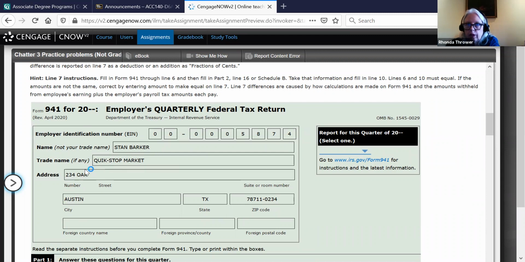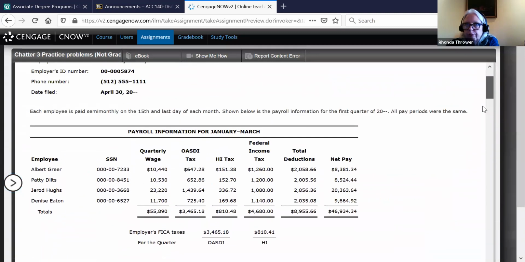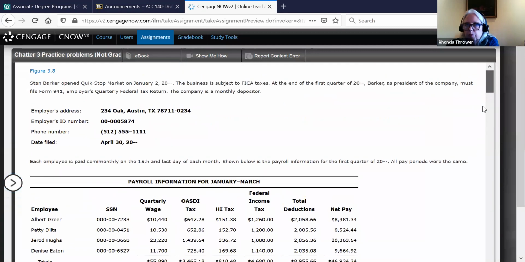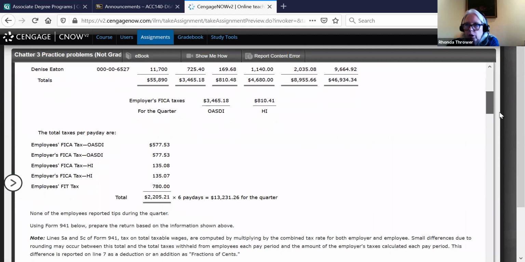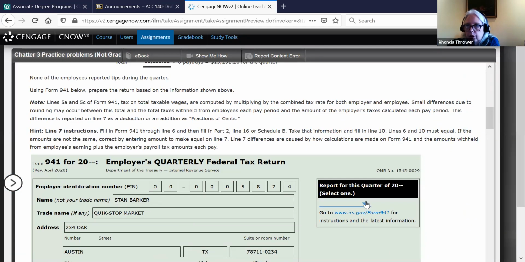Stan Barker is the name of the person responsible for paying these taxes. The name of the company is Quick Stop Market. This is the address. All that was given. We have to fill in the quarter that we're working toward. And this was for the first quarter, which would have been January, February, and March. So the first quarter is selected.